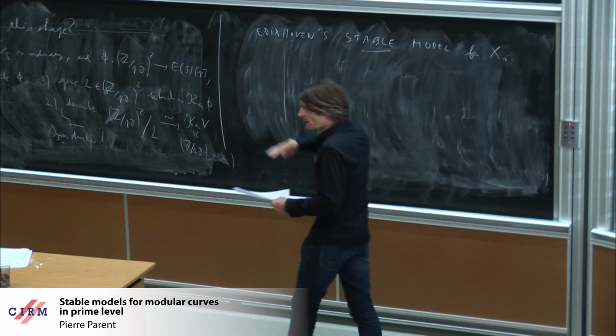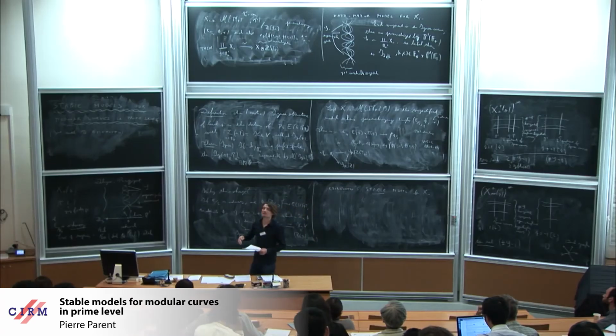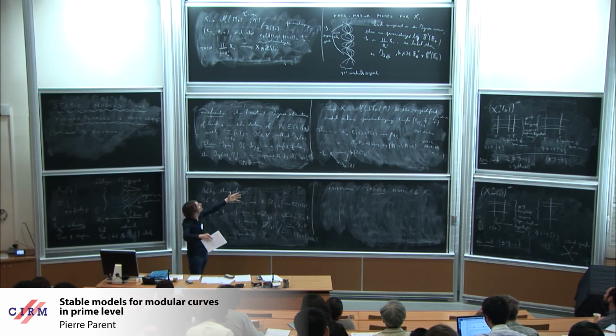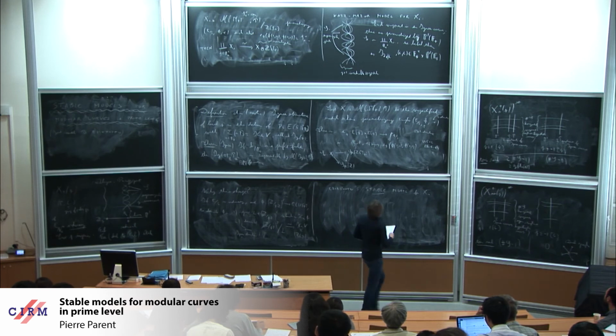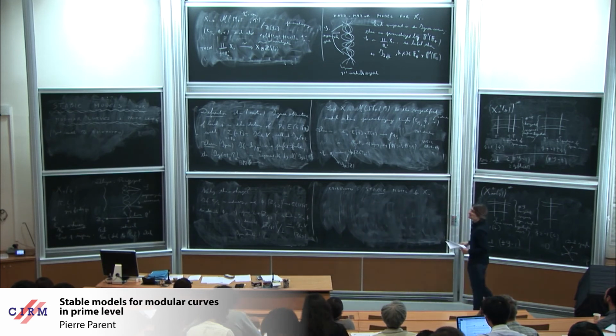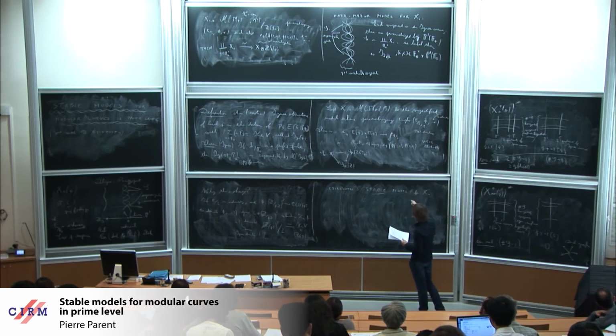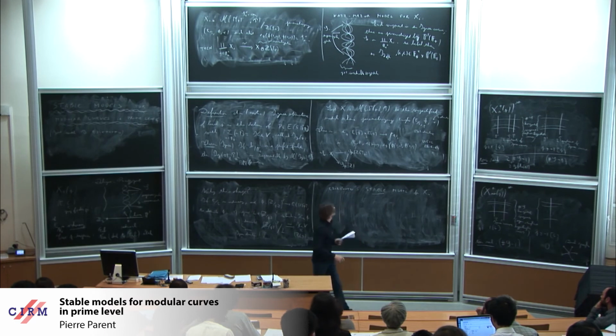Then you have to make a base extension, which corresponds basically to the multiplicity of the new components you have obtained by blowing up, and then you normalize. And this is doable only when the level is prime. This is the technical part which demands the level to be prime, if we don't want to use analytic geometry.